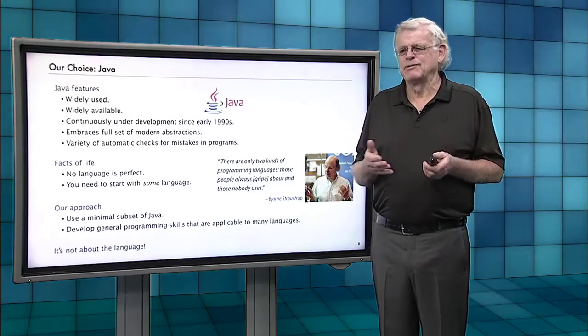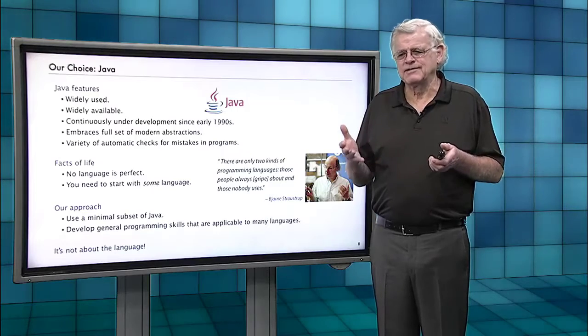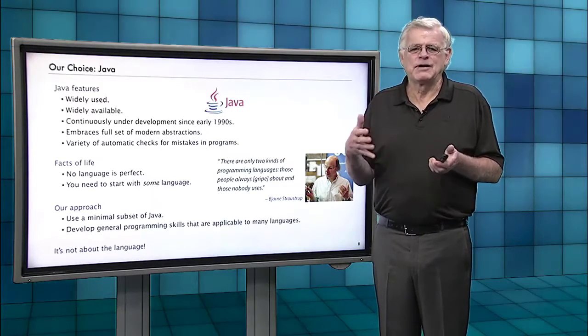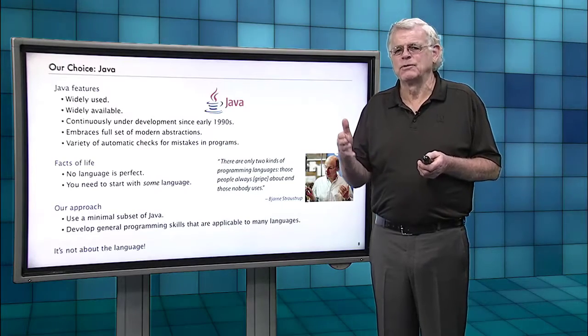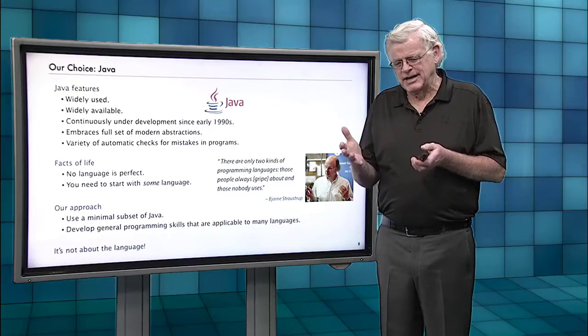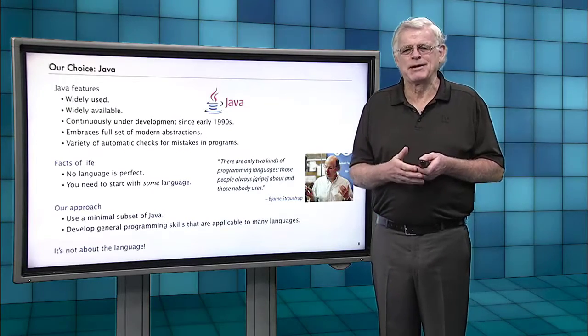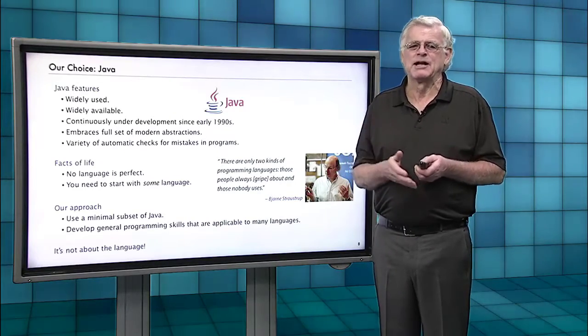It's not about the language. Once you've taken a course like this and learned one general purpose programming language well, you'll find that it's not difficult to move to another one. So long as the course doesn't spend its time obsessing about detailed properties of the language. And we're definitely not going to do that.